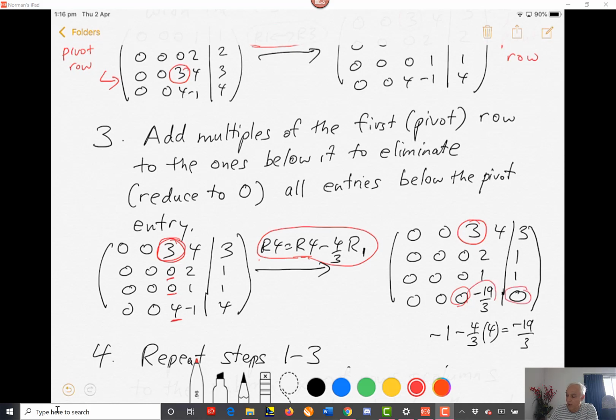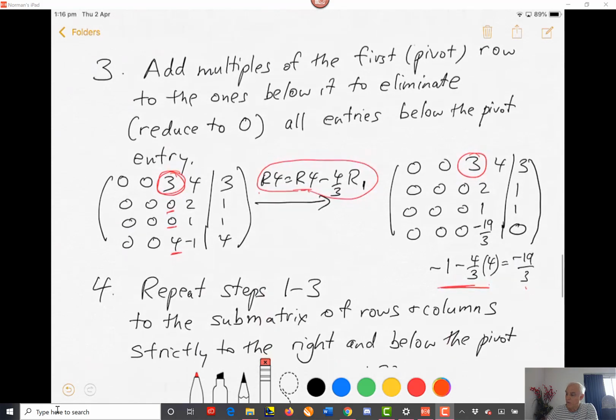But this one here is a little bit more complicated because we have to take -1 and subtract 4/3 of 4, which is minus 19 over 3. And that's why there's a minus 19 over 3 in that position.